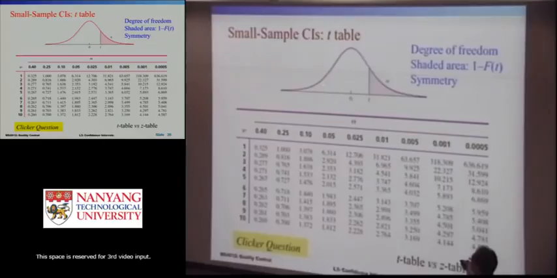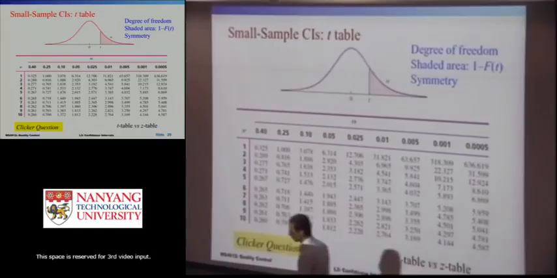The question is, if we get minus t here, what's the relation between this shadow area and this one? Same, because by symmetry, this is symmetric around t equals 0. So when we flip it, this should be the same area.